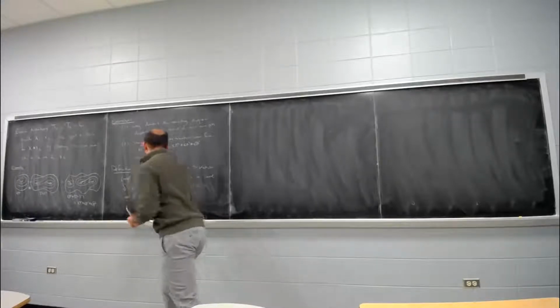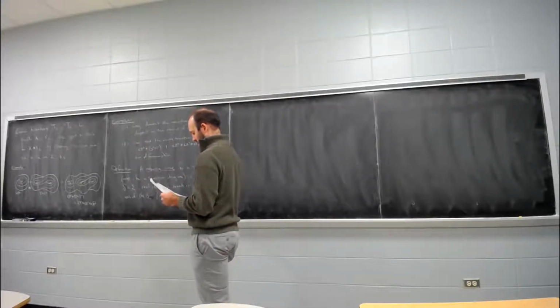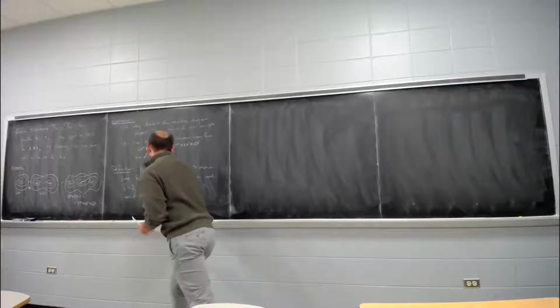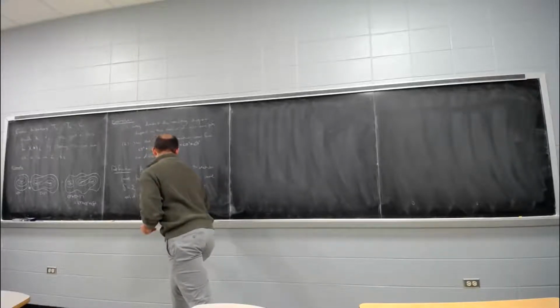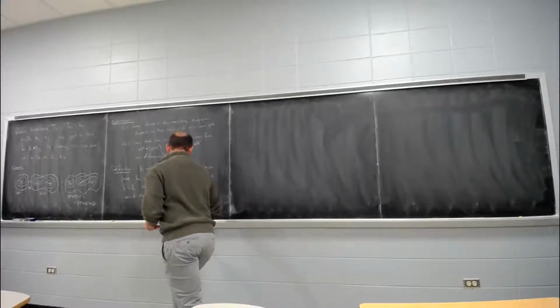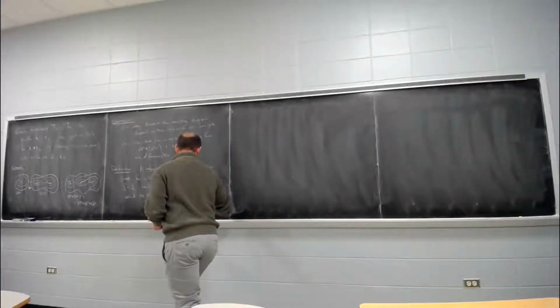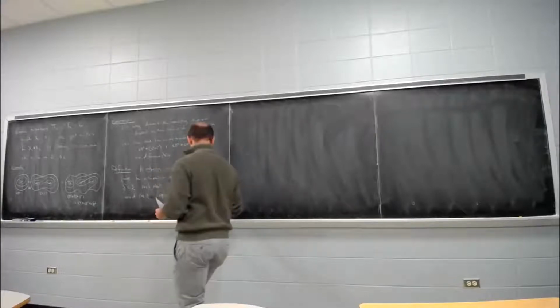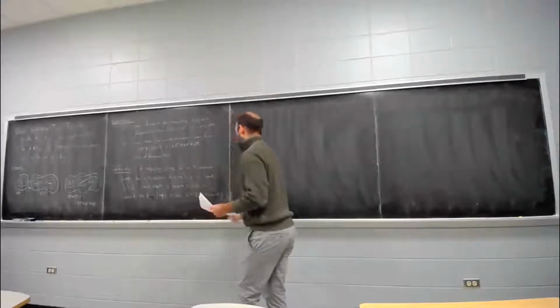The corresponding definition for a trisection diagram is a curve delta sitting in sigma minus the alphas, betas, and gammas.